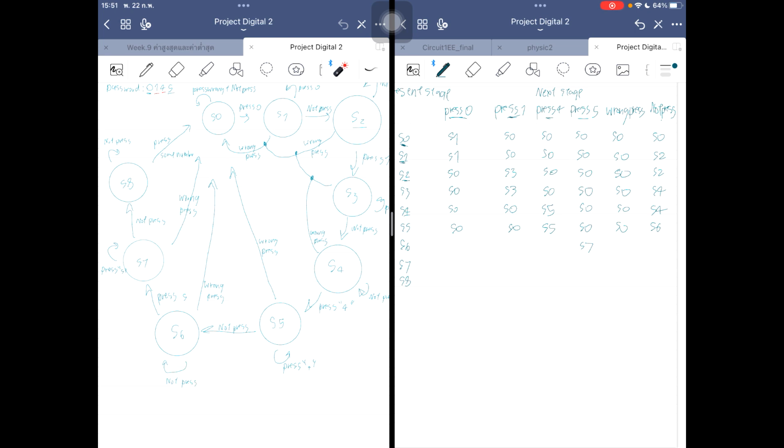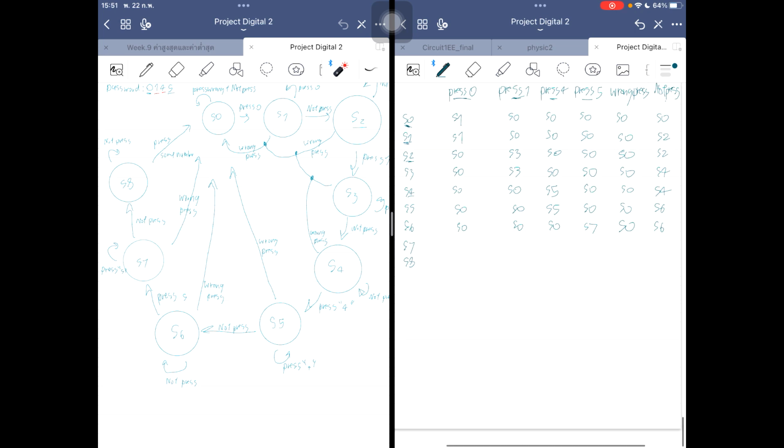When you do not press, they will stay in the state 6. And in the wrong press case, press 0, press 1, press 4 is in wrong press case 2. Then make them go to state 0. Okay, then this is all the state 6.